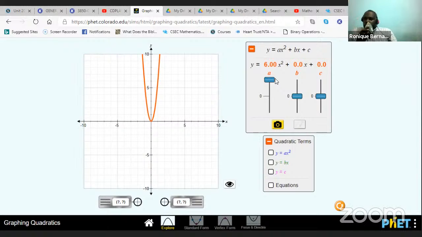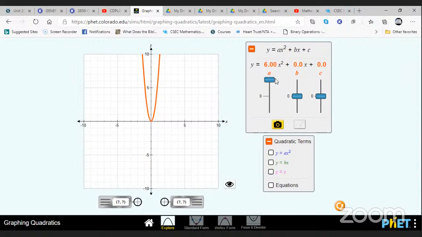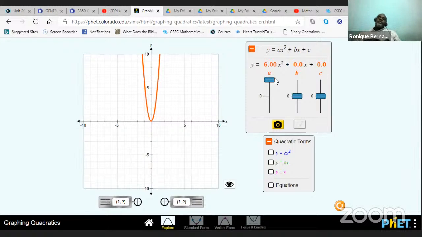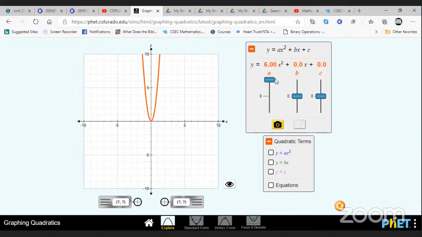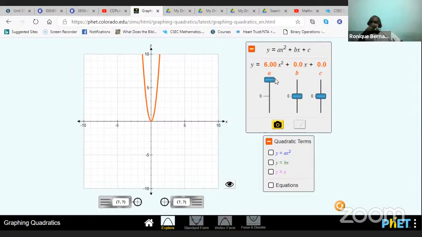Lexi, go ahead. So the higher the coefficient of a goes, the graph is like a smile, and the slimmer it gets. It moves closer to the y-axis.